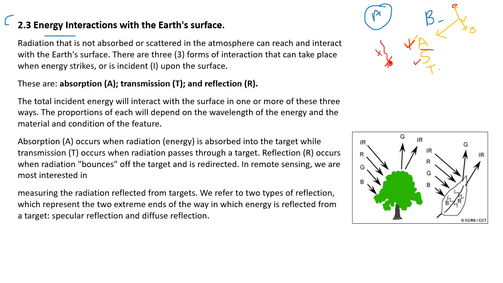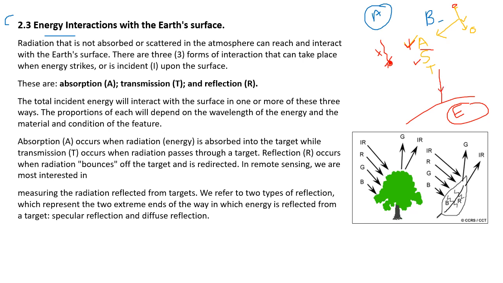The energy which is transmitted to the surface of the earth is important for us for the remote sensing analysis. So generally, that is why I said that gamma and ultraviolet energy is not coming to the earth surface, being either absorbed or scattered in the atmosphere only, and this visible part is coming.